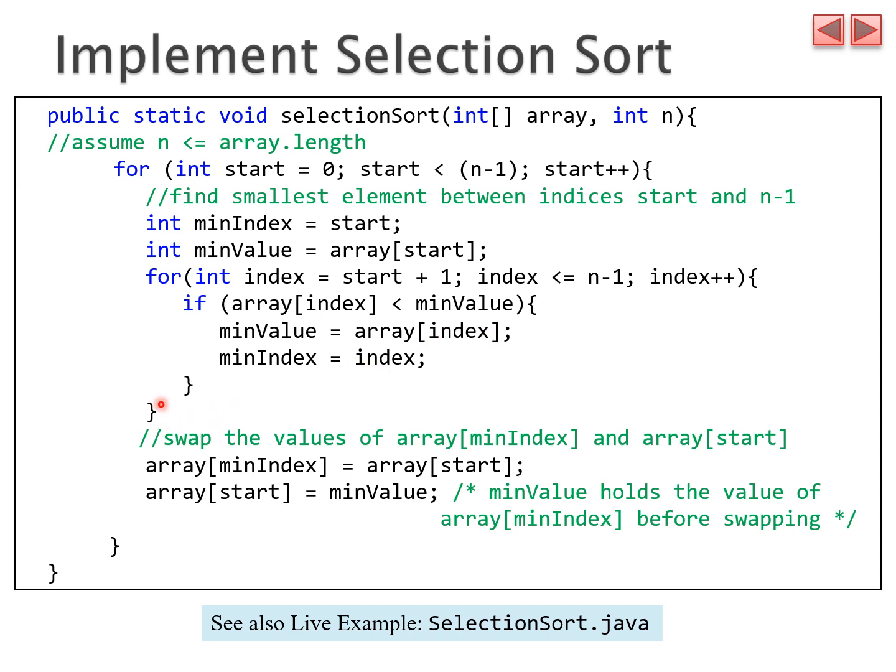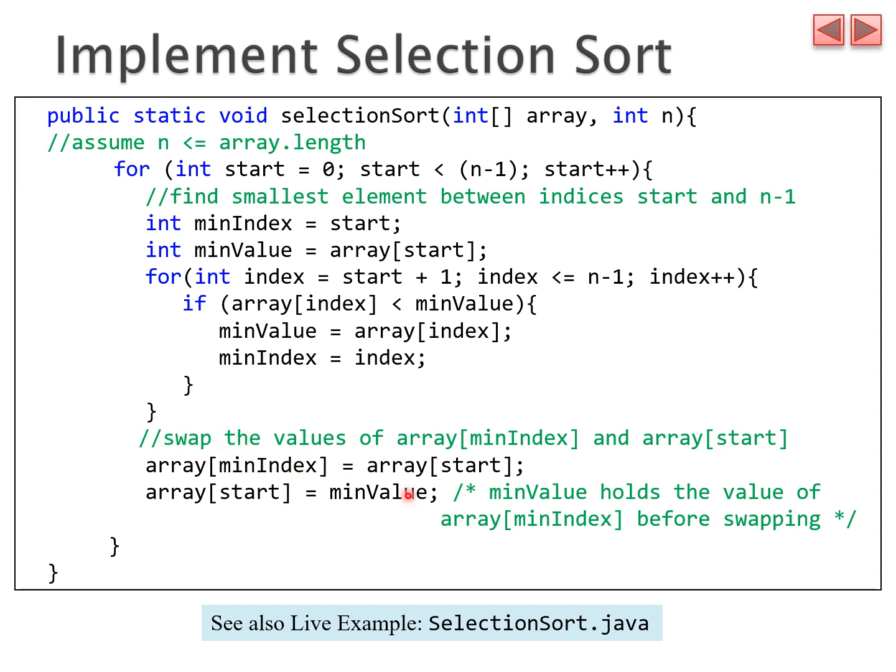So after this code segment, we have found the index of the smallest element, which is stored in minIndex, and minValue is equal to the array at minIndex before the swapping.